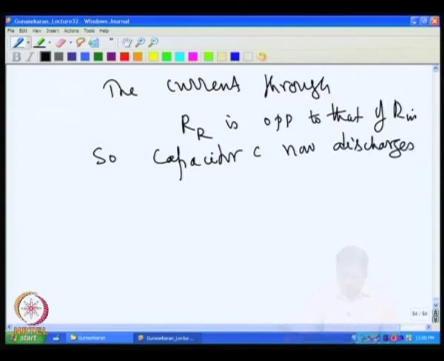So, the output voltage V naught will start coming down.